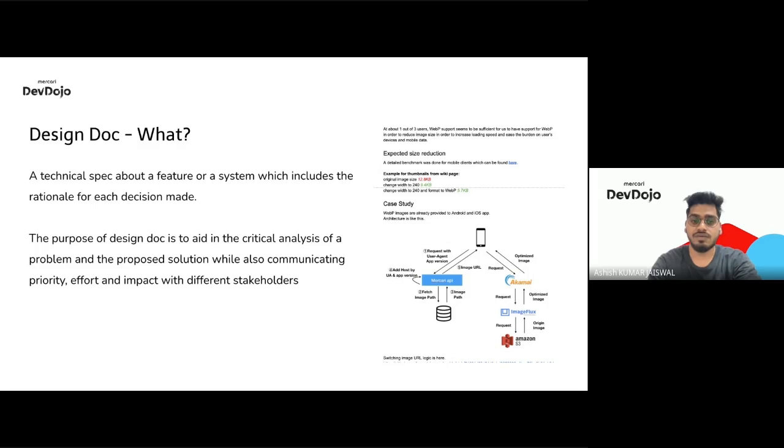For example, when you encounter something really complicated, and you're supposed to develop something a little complicated, it's better to have a design doc, so that you can have an overview of how you're going to solve that issue.